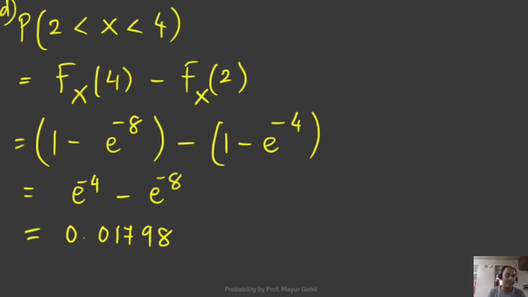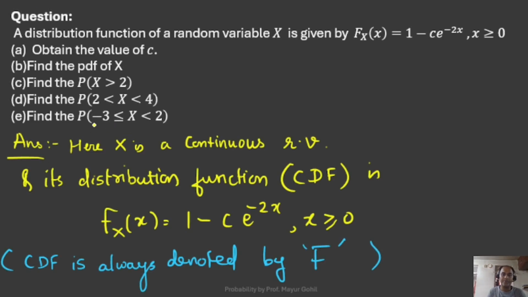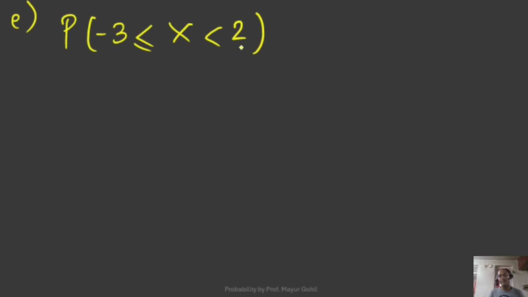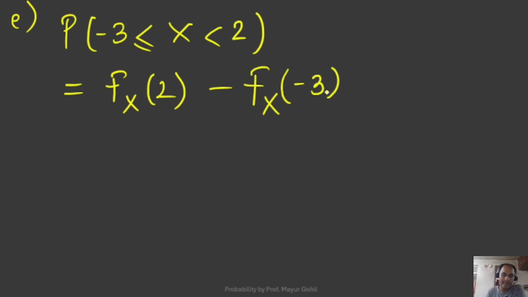Okay, and then the last part is we are told to find the probability from minus 3 to 2. This is again a slightly tricky question. For the probability of x between minus 3 and 2, you can use the logic that it is the CDF evaluated at 2 minus the CDF evaluated at minus 3.